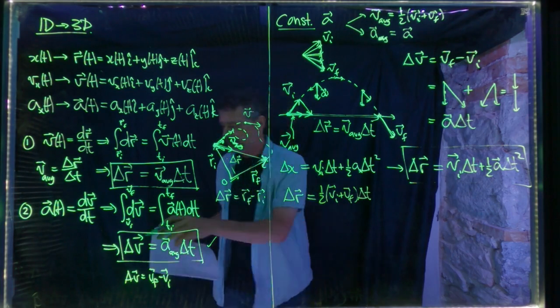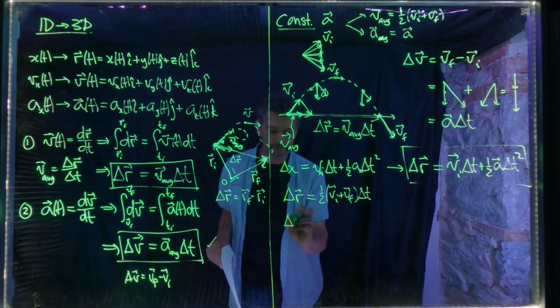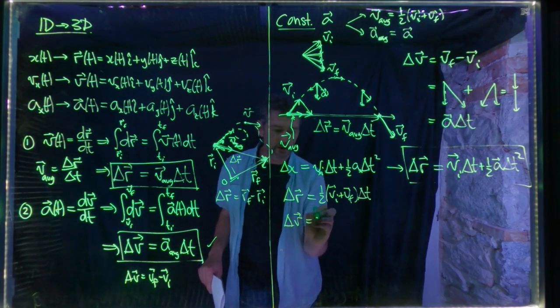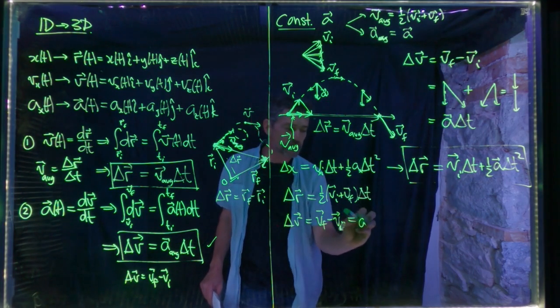And then we look at this equation here and we say delta v. Now delta v by definition is the change in the velocity, so that's v final minus v initial. And that's equal to a average, which is just a constant acceleration vector a, times delta t.